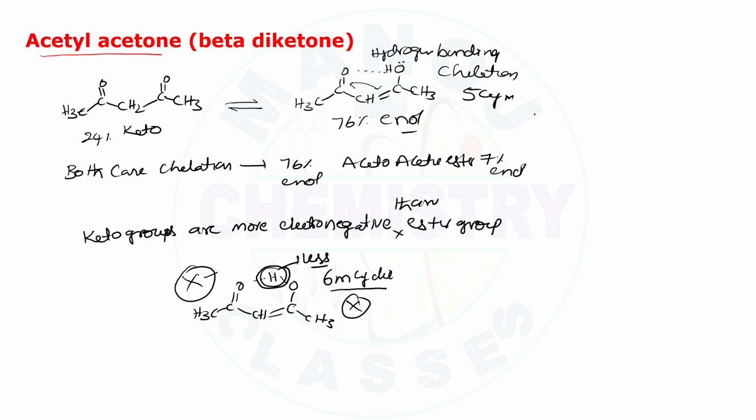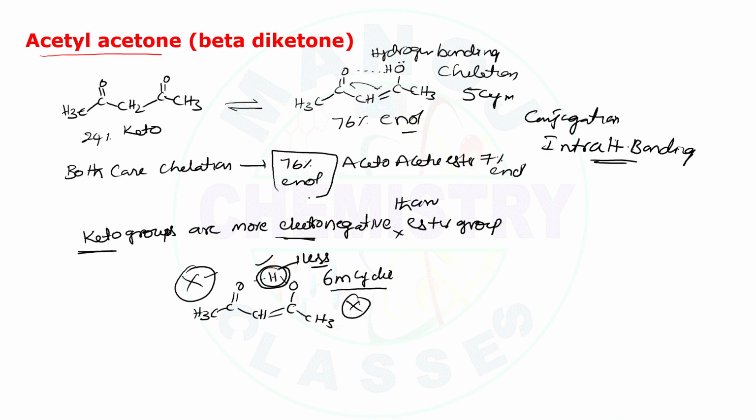Due to this conjugation, intramolecular hydrogen bonding, the small size of hydrogen, and the greater electronegativity of keto groups, the enol content is 76% in acetyl acetone, whereas acetoacetic ester has only 7% enol content.